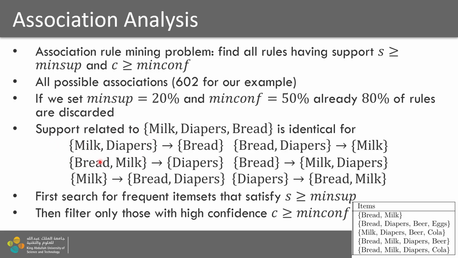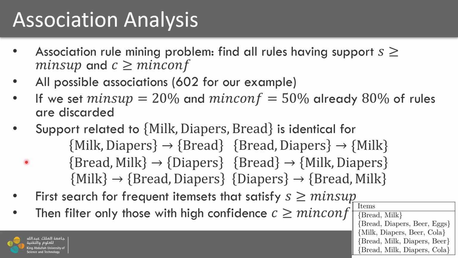For this one, we divide it by the frequency of milk and bread, and here by the frequency of milk. So these rules will have a different confidence while they have the same support. Now, therefore, we divide this problem of association rule mining into two stages.